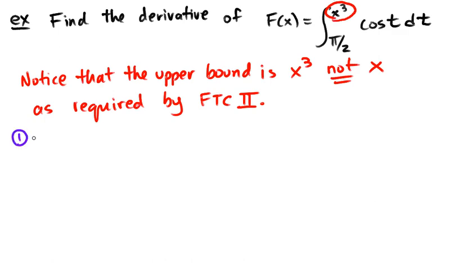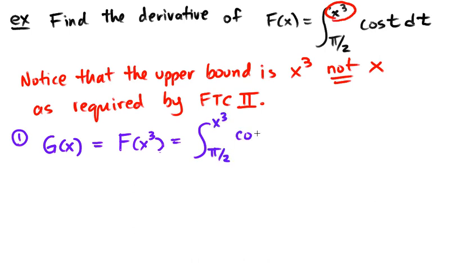So the first way that you could attack this is you could create a new function called g of x, and you could say when I have g of x, I'm going to substitute in that x cubed, not x sub 3, x cubed in for x. And that will give me my function pi over 2 to x cubed of cos t dt.